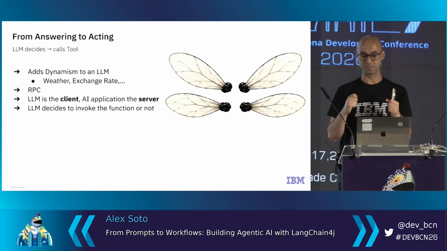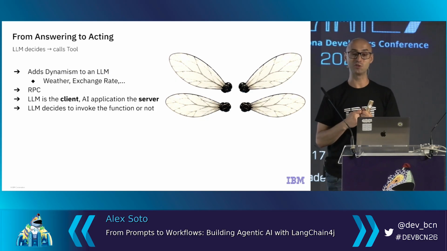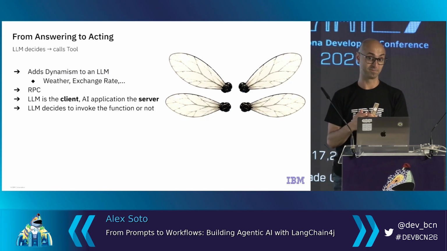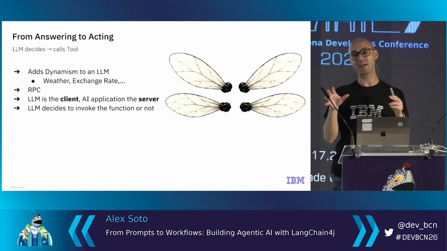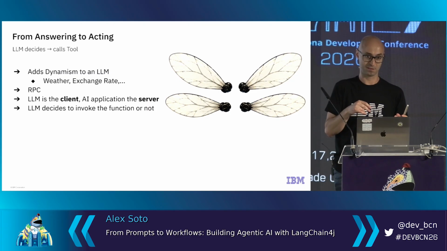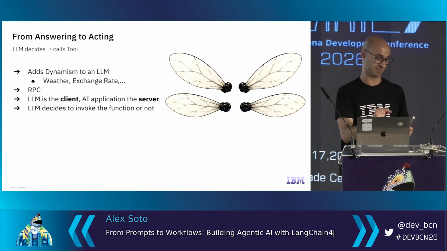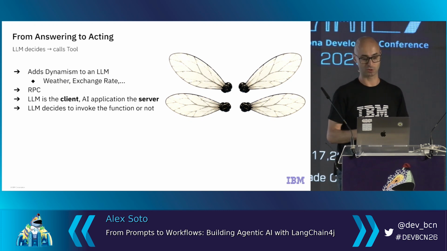What is important to understand is that the LLM is the client and your application is the server, which means the LLM only decides whether or not to invoke the function. But it's your application that is going to run the function. It's a remote call.